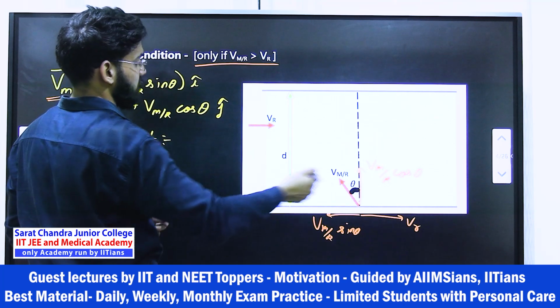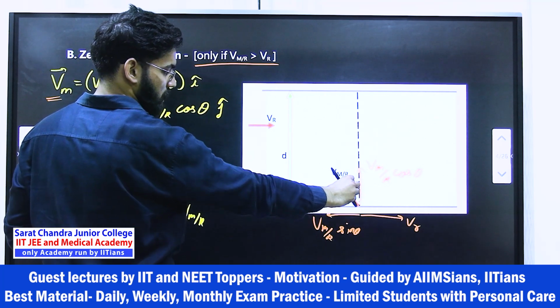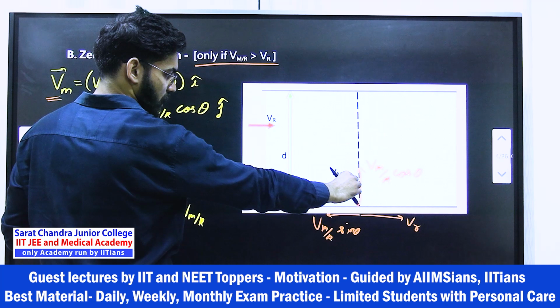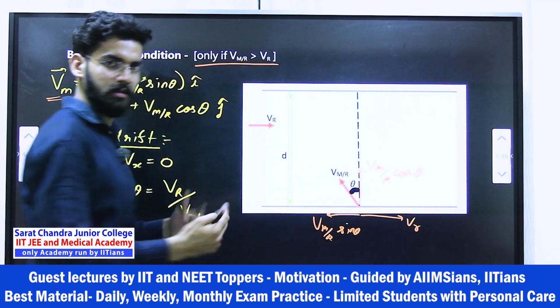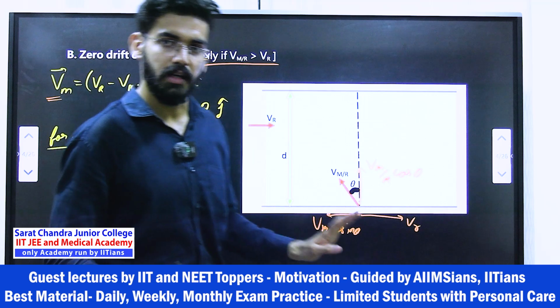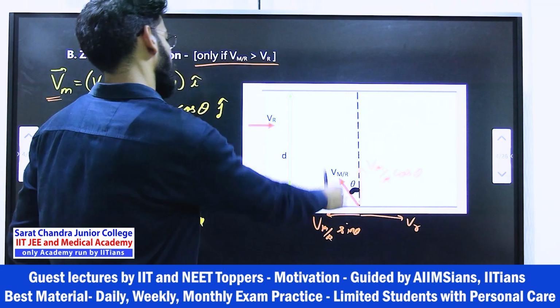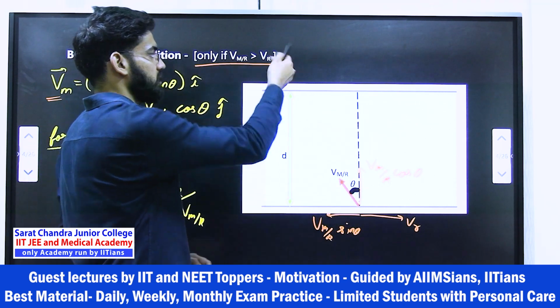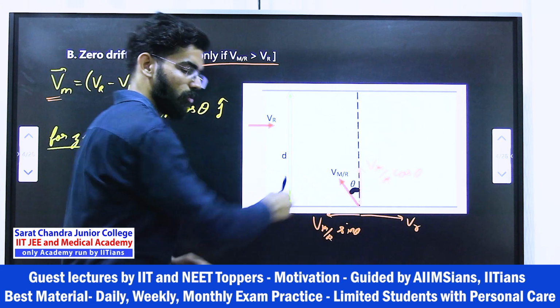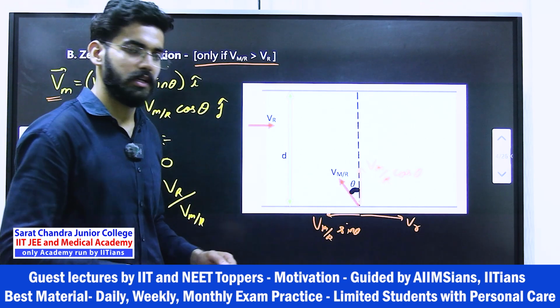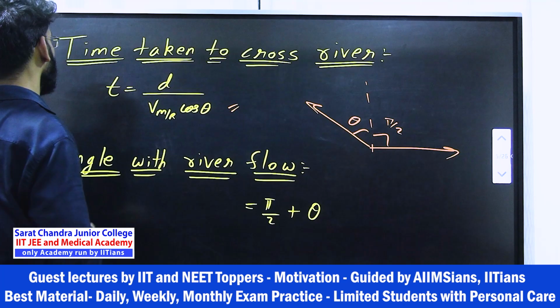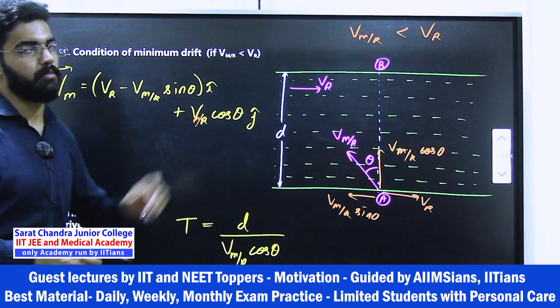If one component of my Vm by r is able to balance Vr, well and good, you will not have any drift. If even your whole velocity is less than Vr, then how will the component balance? If my velocity is not able to balance, then how will the component balance? So that's how we have one more condition, the condition for minimum drift.